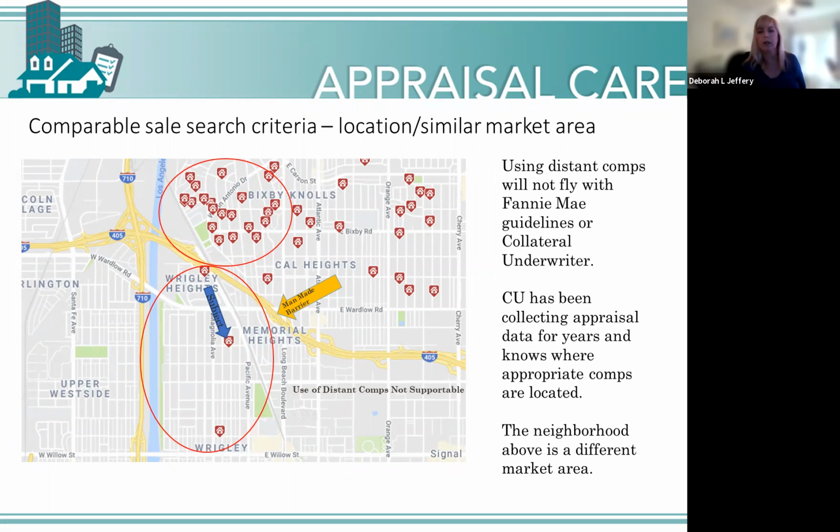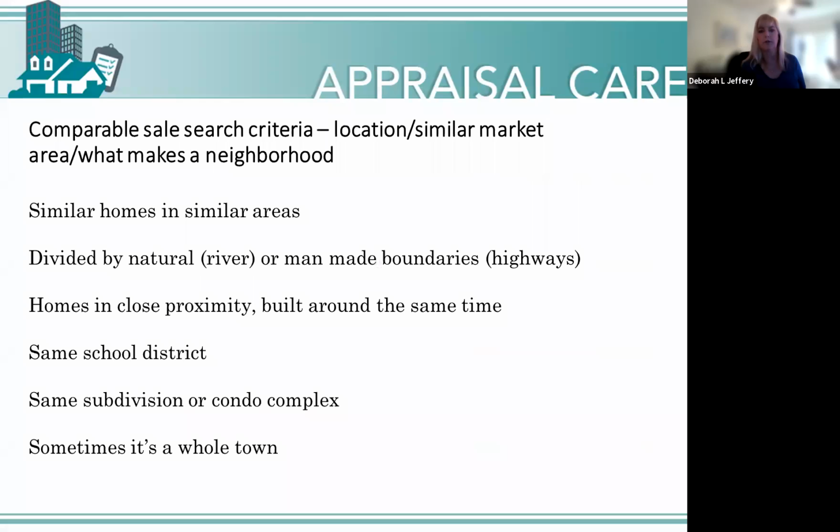Whereas over here, there's all kinds of different size homes and lot sizes, and it can really vary. There are times where I may use a comp over here if I'm appraising over here, but I try not to. And same if I'm appraising over here, I'm going to try not to go over here if possible.